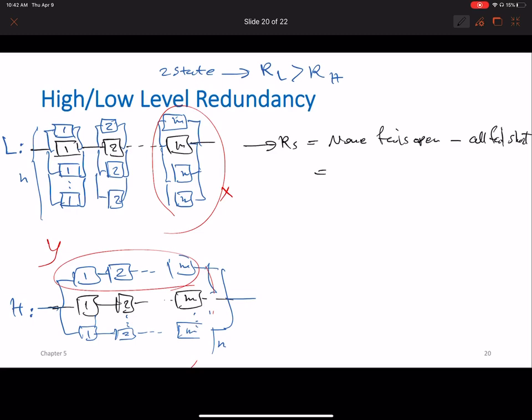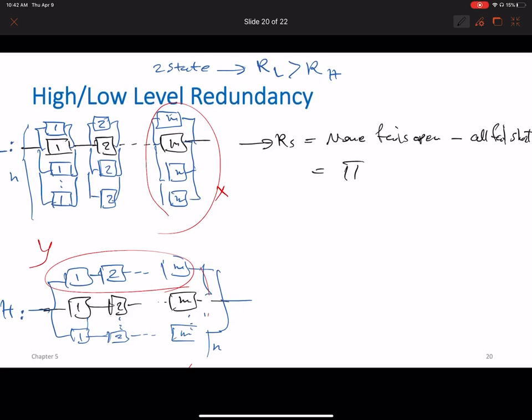Sorry, I have M of those. i goes from 1 to M. None of them should fail open. But if you look at it, we have N of those in parallel. So for that X to fail open, I need all of them to fail open. Otherwise, the current will go through that one that is still closed or can be closed.